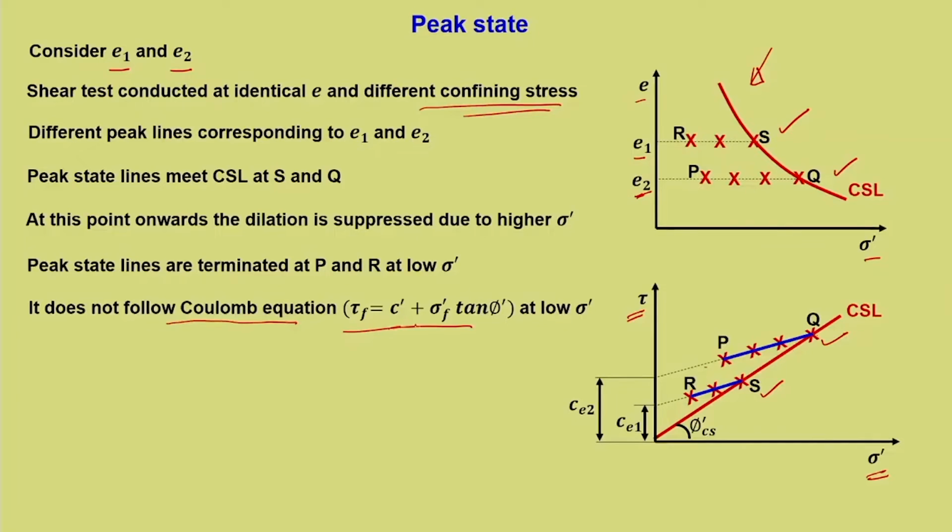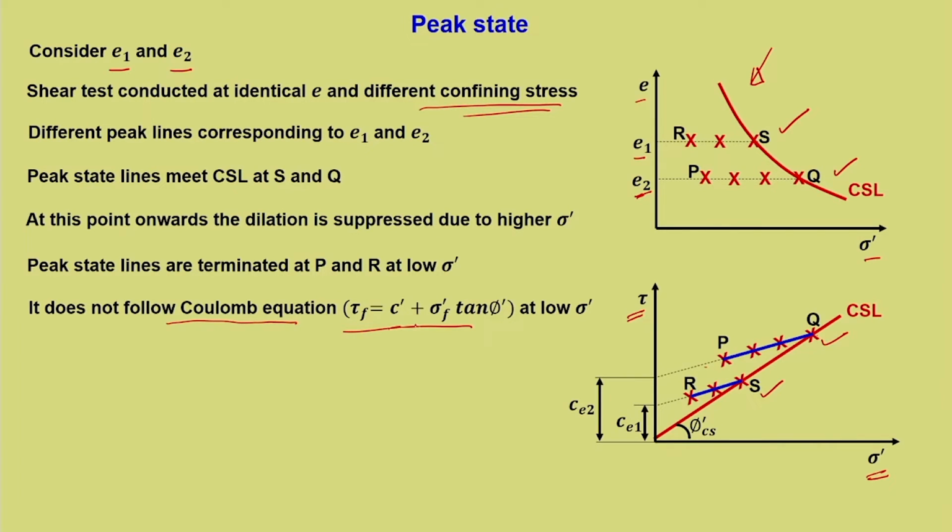How low a stress value we have considered, we have not bothered about it. In fact, the authenticity of the stress points towards the lower end is restricted because of certain factors. One important factor is the tension cutoff zone, and the other one is what we are going to discuss now.